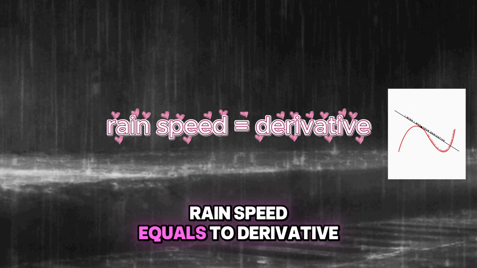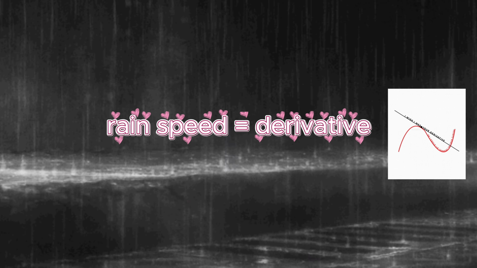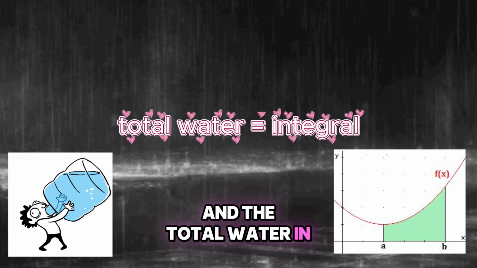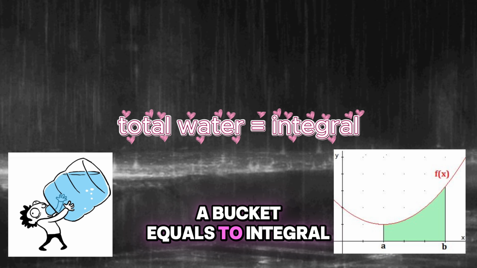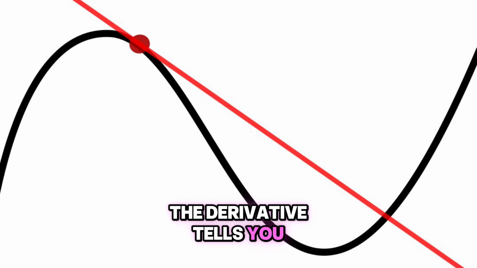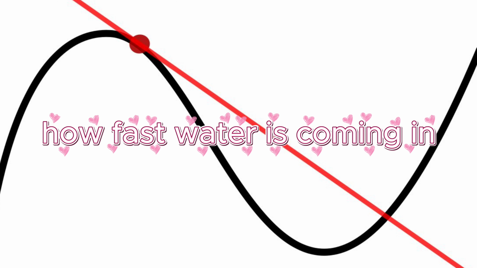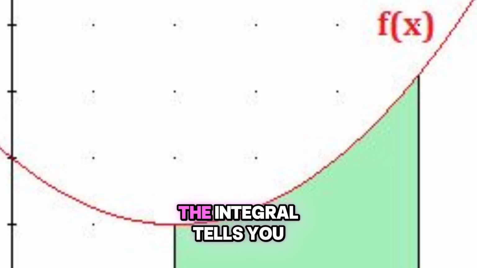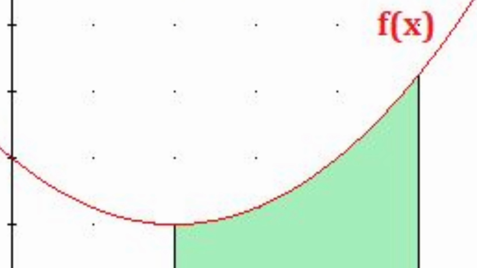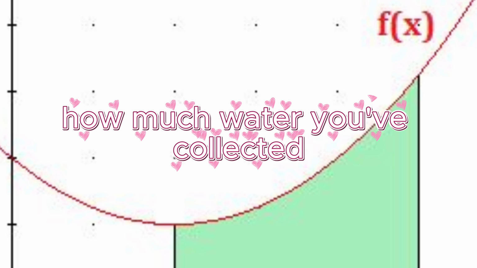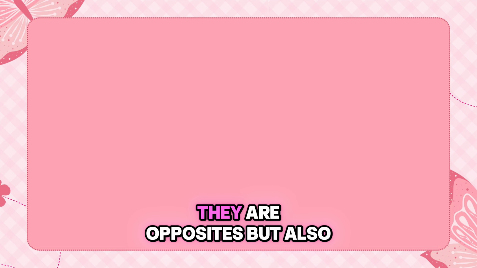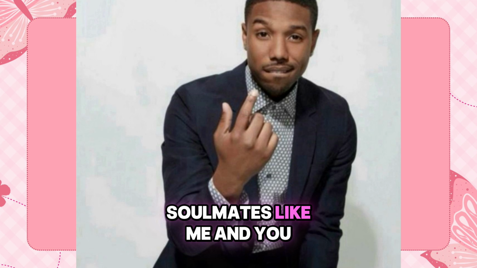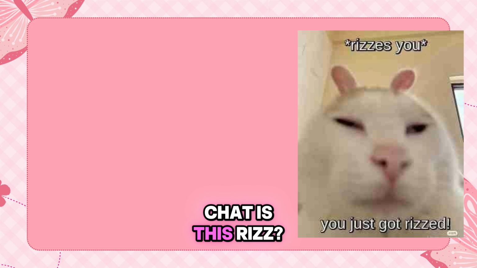Rain speed equals the derivative, and the total water in a bucket equals the integral. The derivative tells you how fast water is coming in. The integral tells you how much water you have collected. They are opposites, but also soulmates, like me and you.